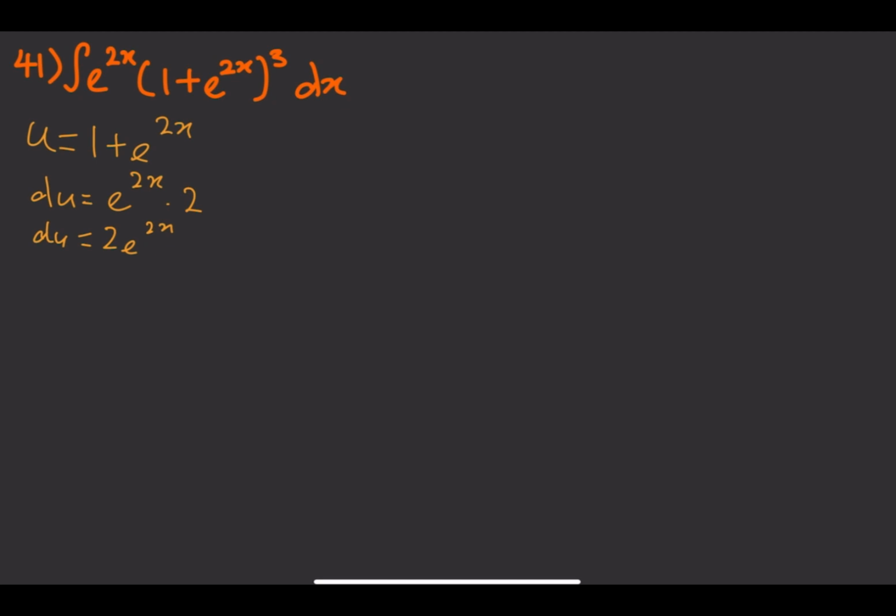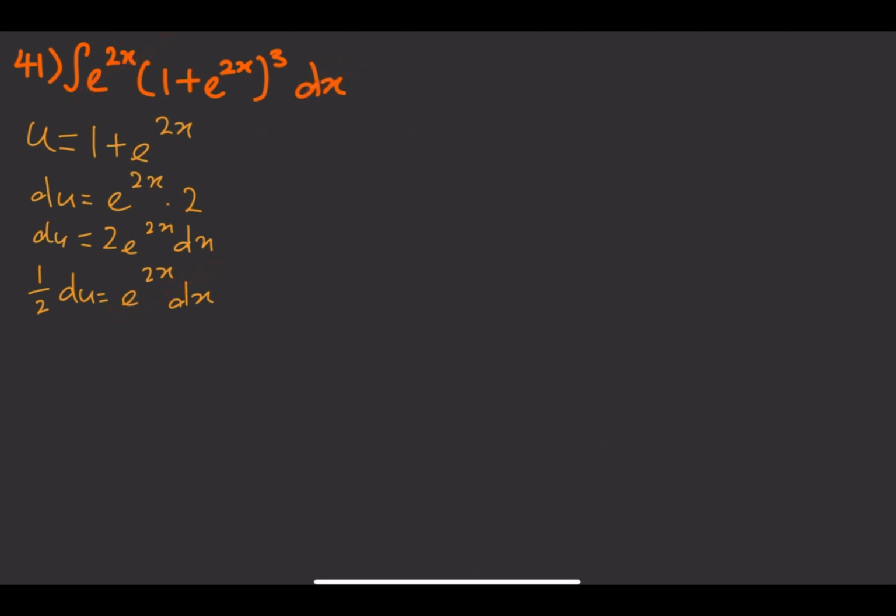You notice we have e to the power of 2x dx here, so we just move the 2 over to the other side, and half du equals e to the power of 2x dx. Sorry, my bad. So you have e to the power of 2x dx, and you can cancel it with the part.